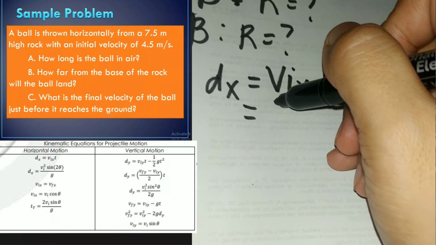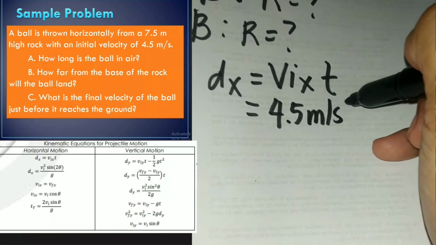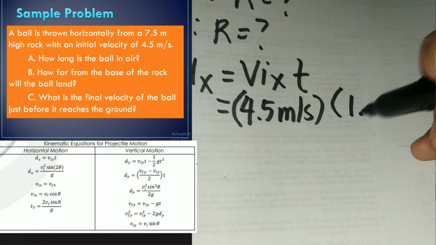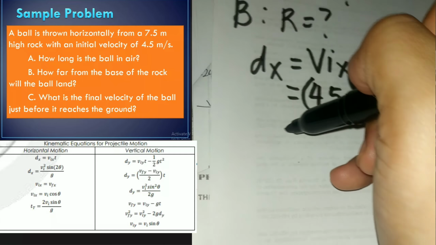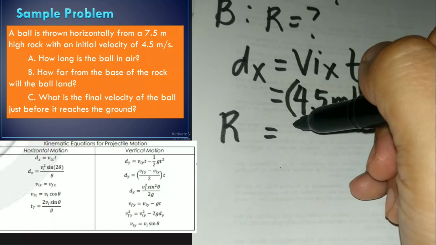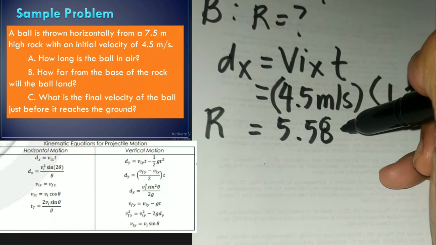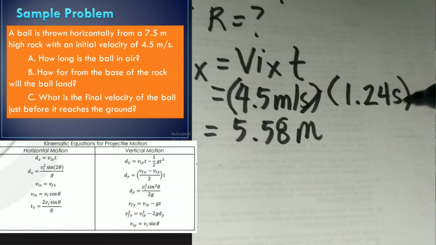So our initial velocity along the horizontal is 4.5 meters per second multiplied to the calculated time 1.24 seconds. And that will give you the answer for range, which is 5.58 meters. These seconds will be cancelled.